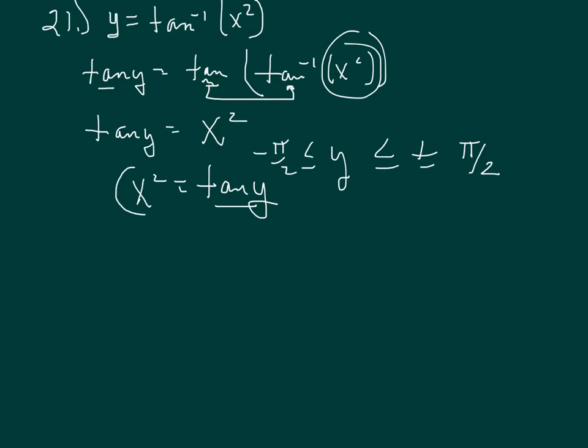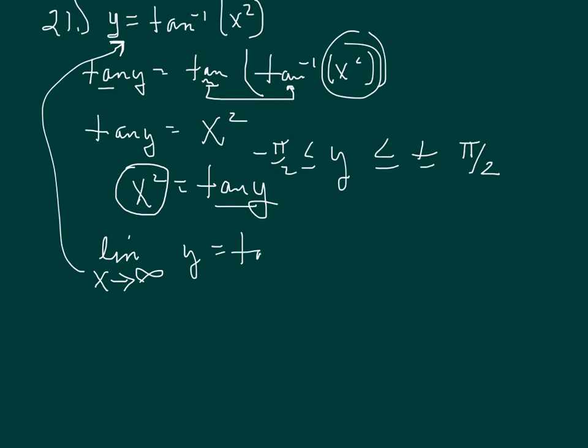But I'm seeking x squared, so that is going to force the number to always be positive. Therefore, the limit as x goes to infinity of this function up here will be pi over 2.